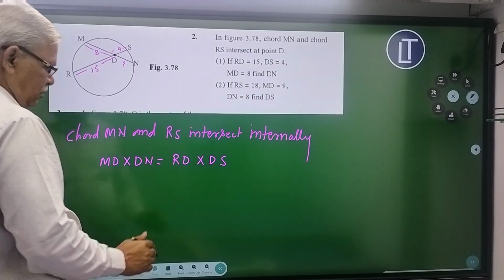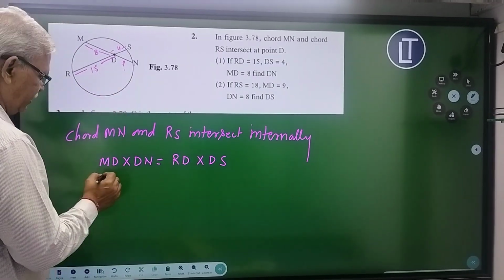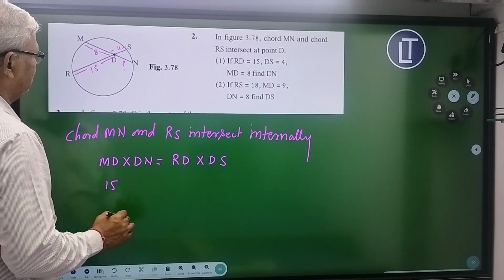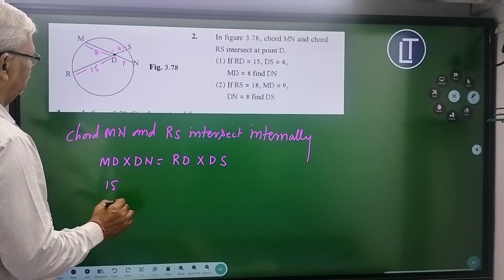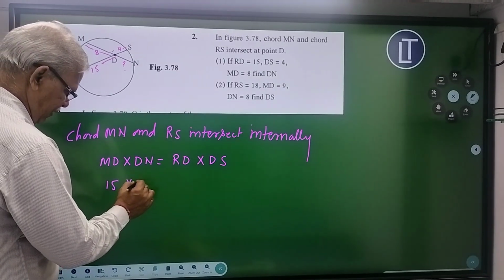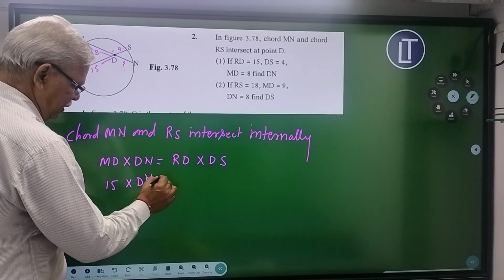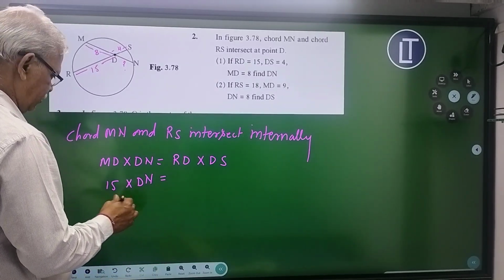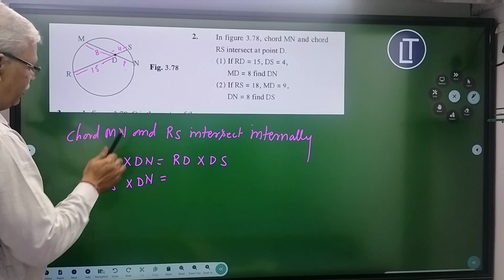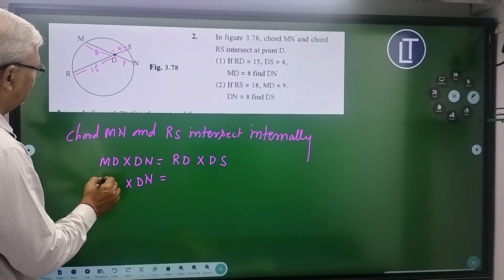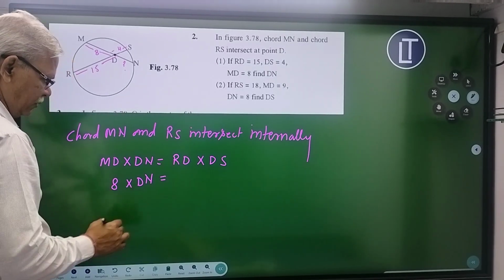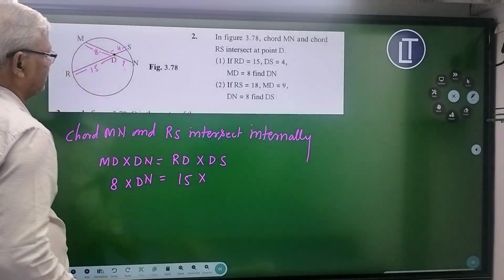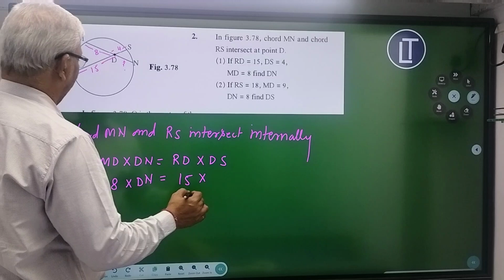Now see, the value is given, DM we have to find out. MD is given 8, RD is given 15 and DS is given 4.